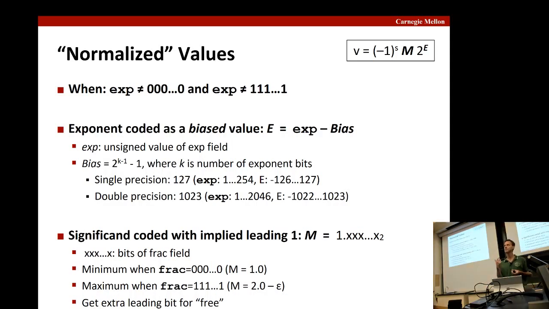But instead, they do something slightly different, where they have this notion of a bias. When you look at the bits that are actually there, you want to subtract off this bias.